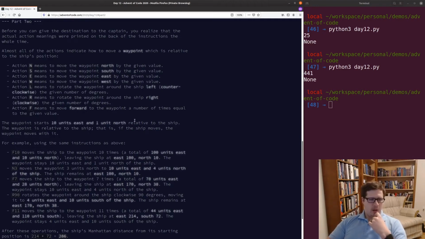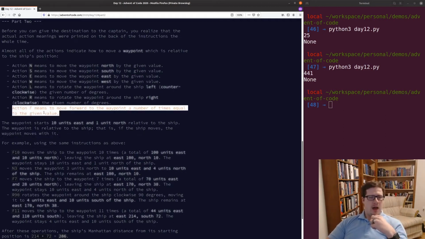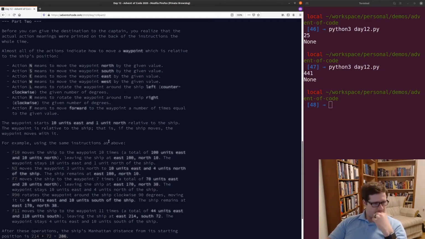So we're going to have a waypoint X that is 10 and a waypoint Y that is 1. The point is relative to the ship. That is, if the ship moves, the waypoint moves with it. Okay, so when the ship moves here, then the waypoint moves with it.